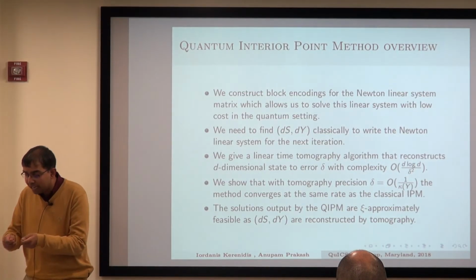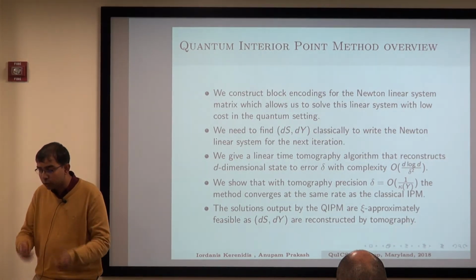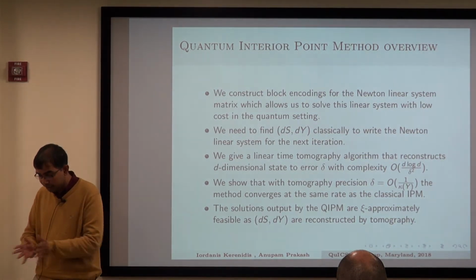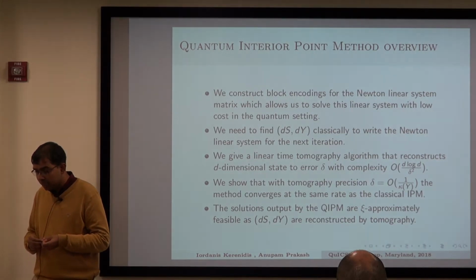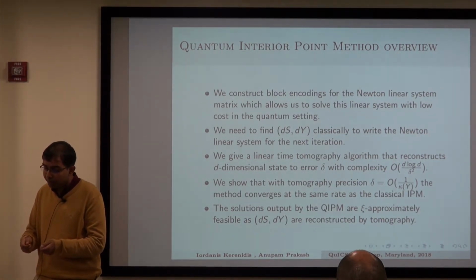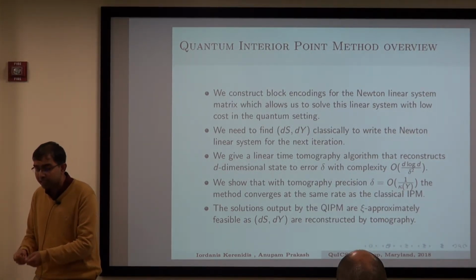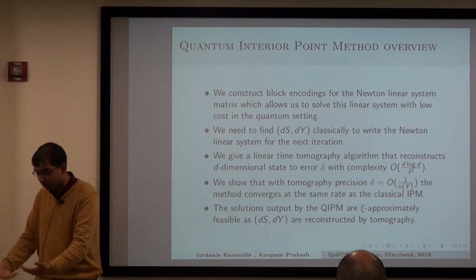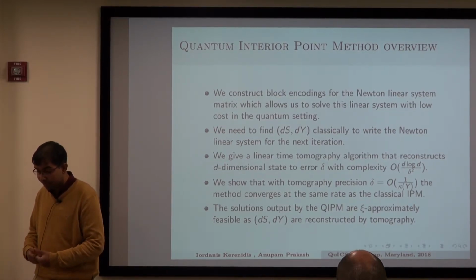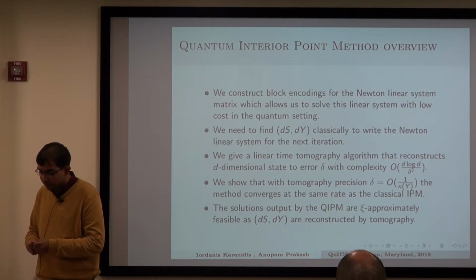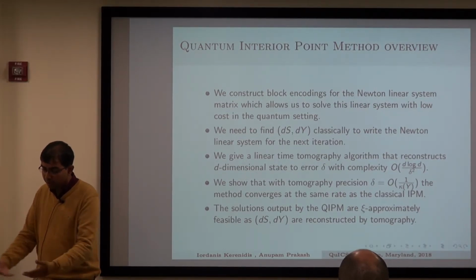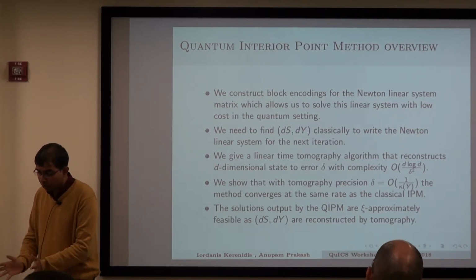So let's see what additional things come up when we try to quantize this kind of method in the quantum setting. First, one needs to create block encodings for the Newton linear system matrix, which would allow us to solve this linear system with low cost. This is non-trivial. One needs to construct it from the data at as little cost as possible.